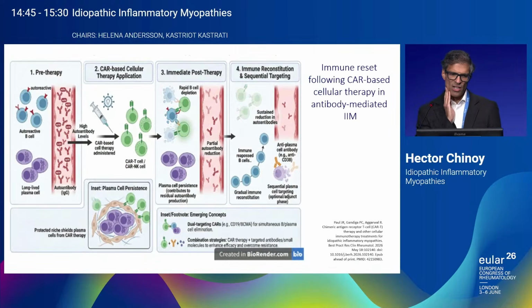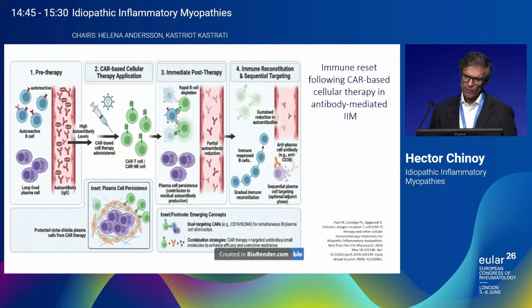And what is actually going on in terms of so-called resistance to CAR T? Is it that the pathogenic B cells are predominantly plasma cells rather than CD19 expressing? Is it that there's a protected niche that shields these patients from the therapy?